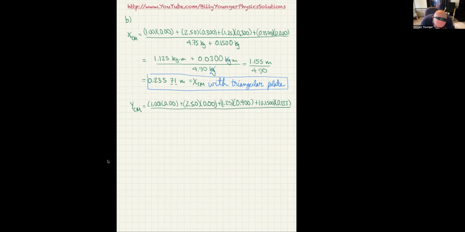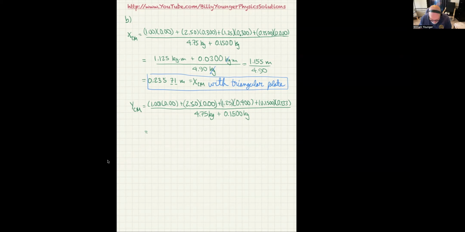All of this is going to be divided by 4.75 kilograms that we know we got from the original three parts, plus 0.1500 kilograms. That's basically what it should be. Now I can do the math.